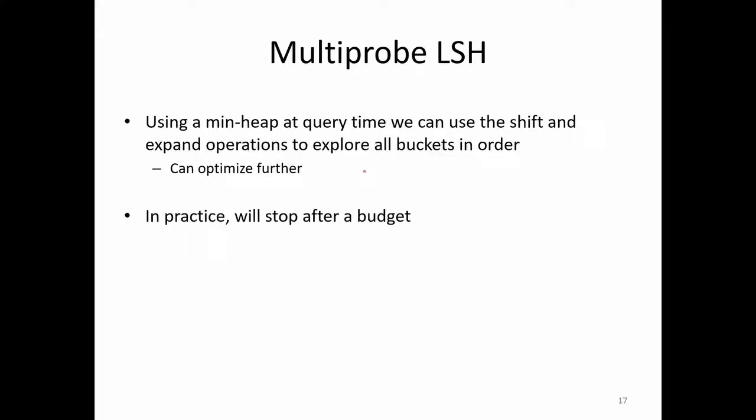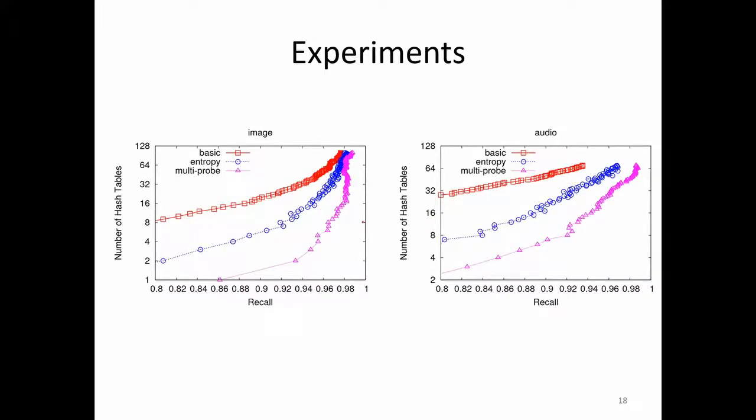This is a simple implementation detail: you can just use a min heap to explore all the buckets in order. You generate two different sets and insert them onto a min heap, and we stop this process after a budget, either on the number of buckets or on the number of points found in these buckets. So this describes the multi-probe LSH.